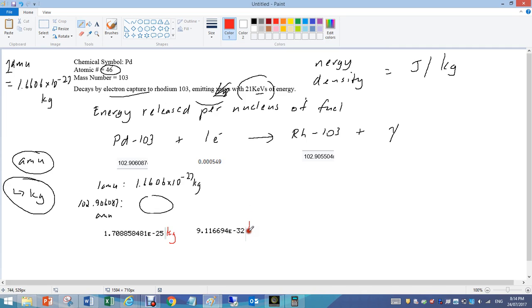I'm just trying to make it as clear as I can, but you could have just added those two and multiplied it by this value to get the kilos.